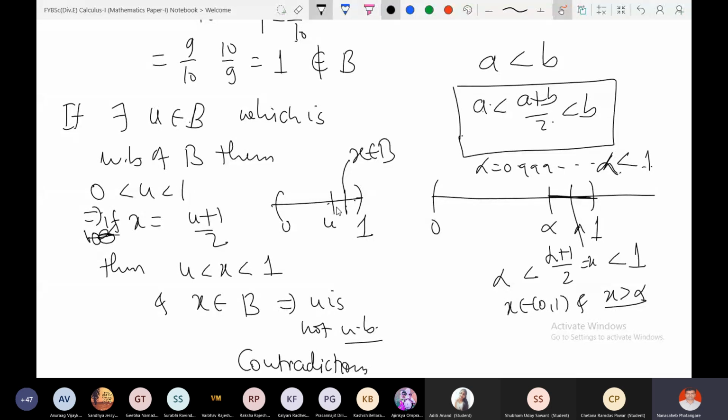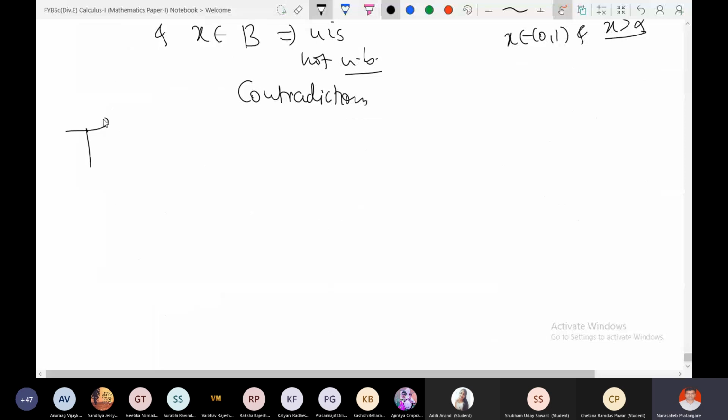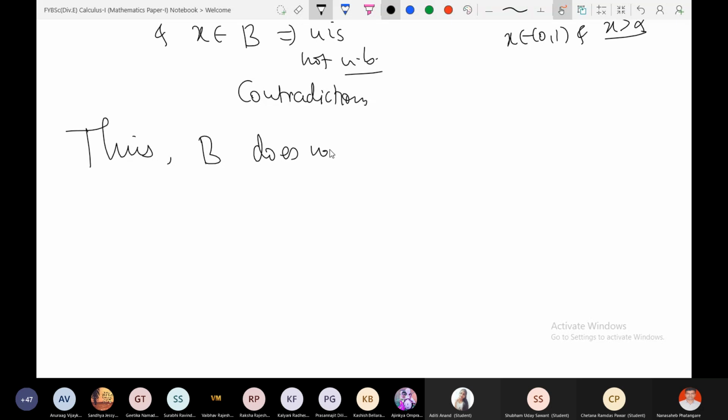So u cannot be larger than all members of set B. That is a contradiction. So what is the conclusion? Thus, B does not have an upper bound in itself, that is, it does not have a maximum element.